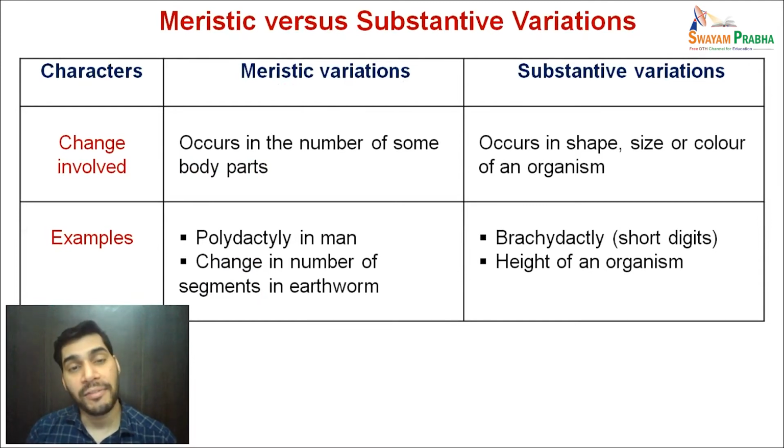Whereas, in contrast, substantive variations occur in terms of shape, size or color of the organism. For example, brachydactyly. If there is a short digit in an individual's digits, this is an example of substantive variation. So there is no change in terms of number, but there is a change in terms of size here. Height of an organism is another example of substantive variation.